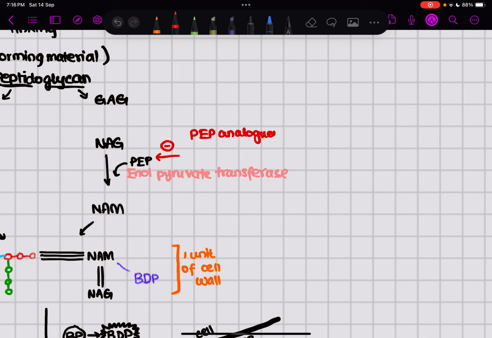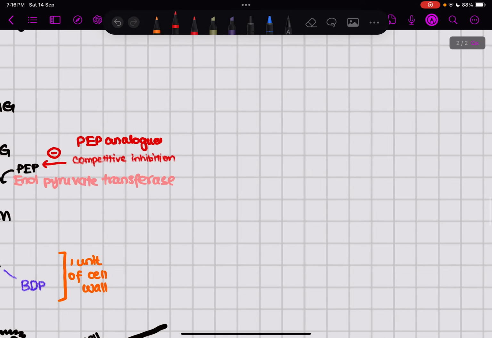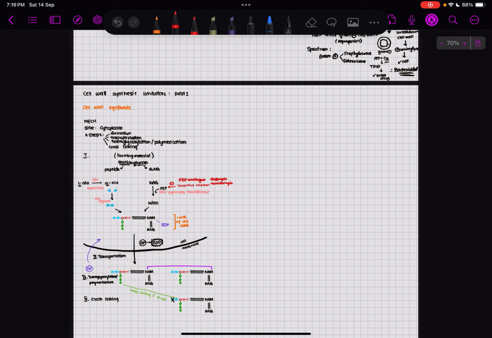And what happens here is competitive inhibition, and the drugs are phosphomycin, phosmidomycin.